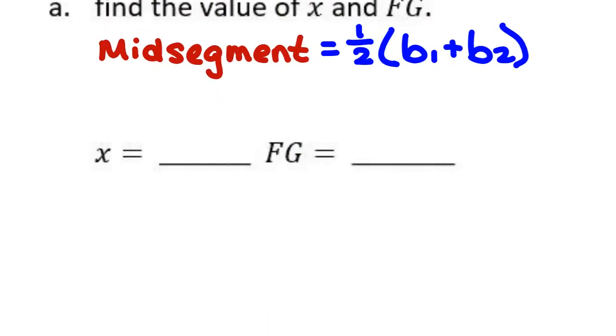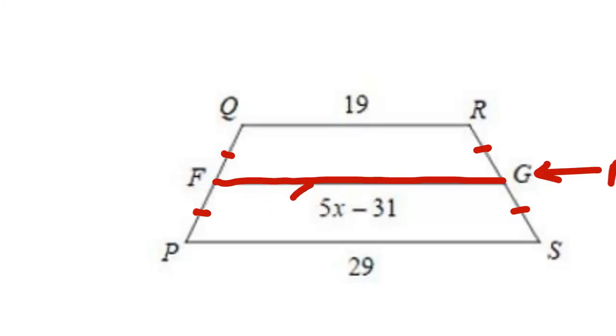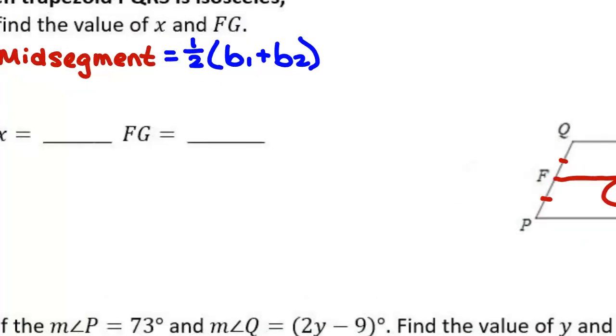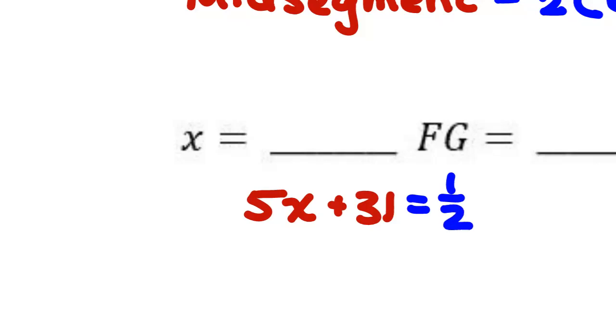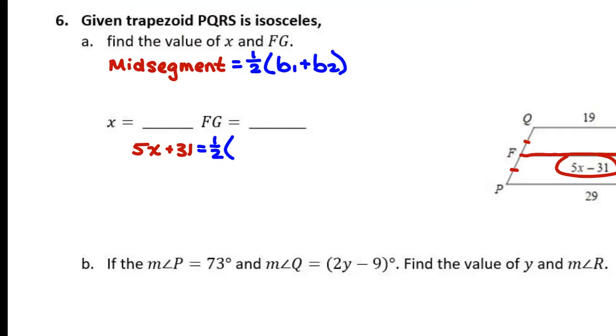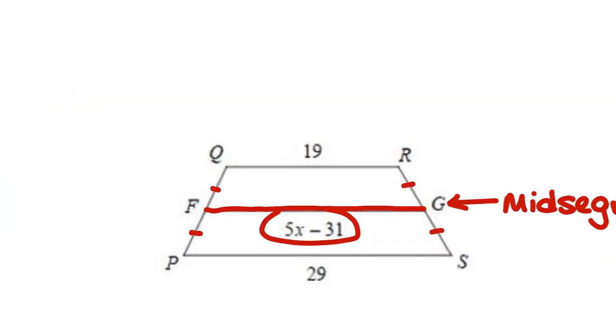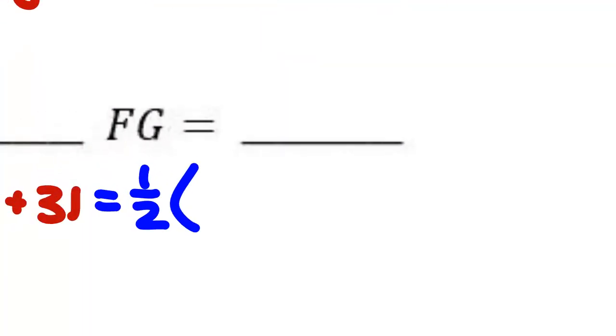So that mid-segment length that they give us is 5x plus 31. So I would have 5x plus 31 equals 1/2 the sum of base 1 plus base 2. So here's one of my bases. Here's the other base, so 19 plus 29.